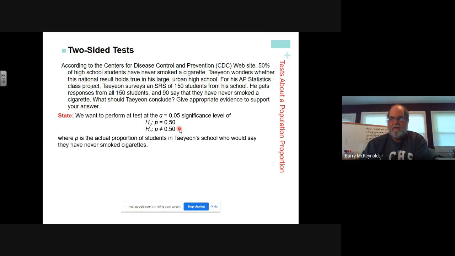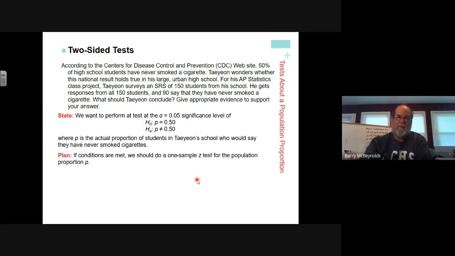So it could be that less than 50% say they've never smoked, or more than 50%. It could be either, so we have to evaluate this as a two-tailed scenario, and p is the actual proportion who would say they've never smoked a cigarette. Again, the question here is who would say they've never smoked a cigarette. We're going to assume there's no bias here in terms of the difference between what they say and what they've actually done.